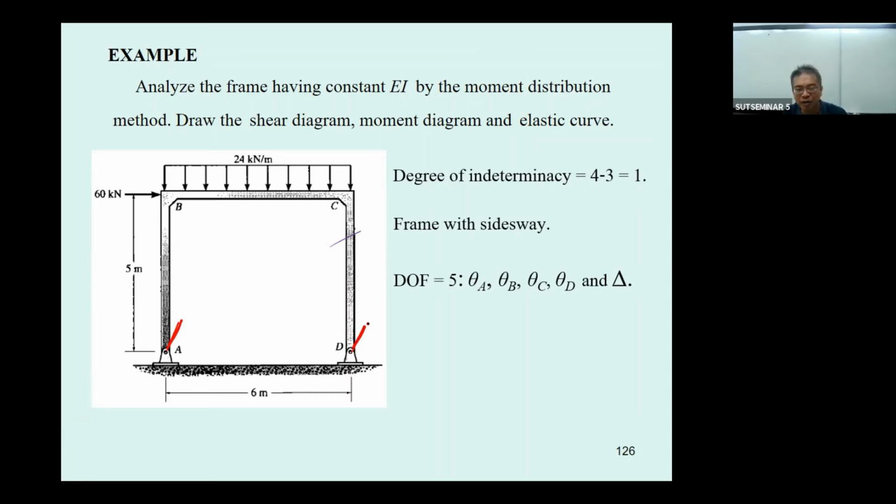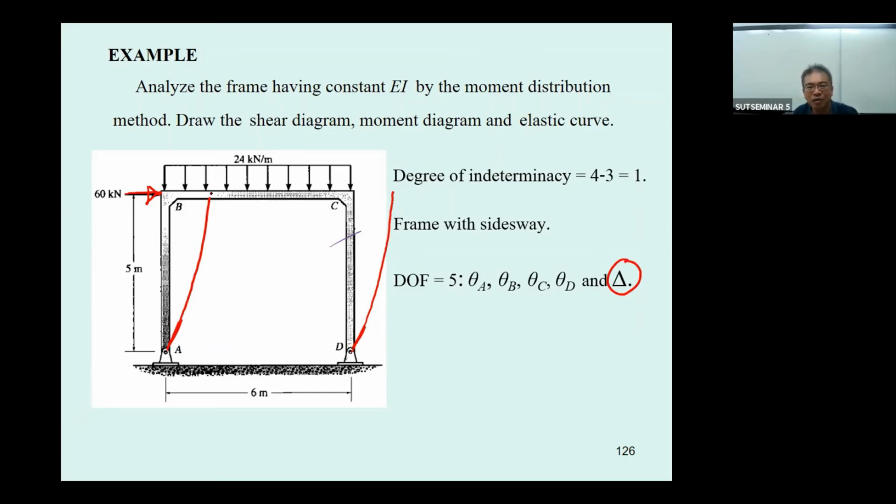However, this frame, under the application of the force, the A can rotate, the D can rotate. Why do you know it rotates this way? Because the 60 kilonewton pushes the frame in this direction. And then this one must deform something like this, and this one must deform something like this. And then you have the sidesway of delta.